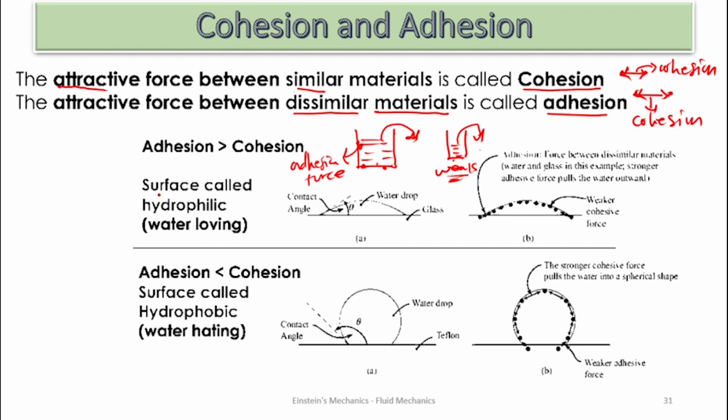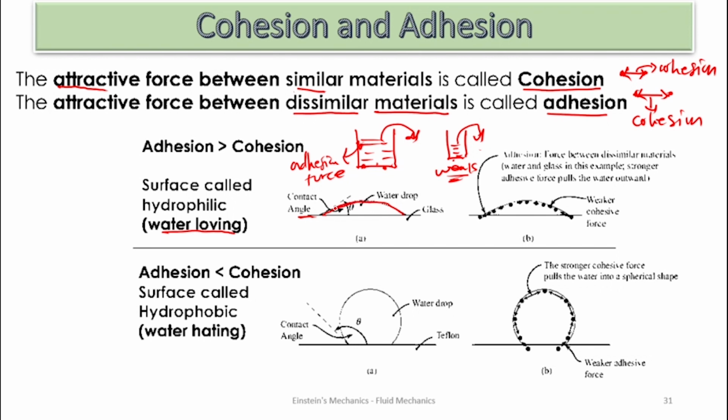Let's look at some phenomena too. Surface called, let's see, water loving. And we also have, why is it that when a drop of water is on the ground, it forms this curved shape? Are we okay?